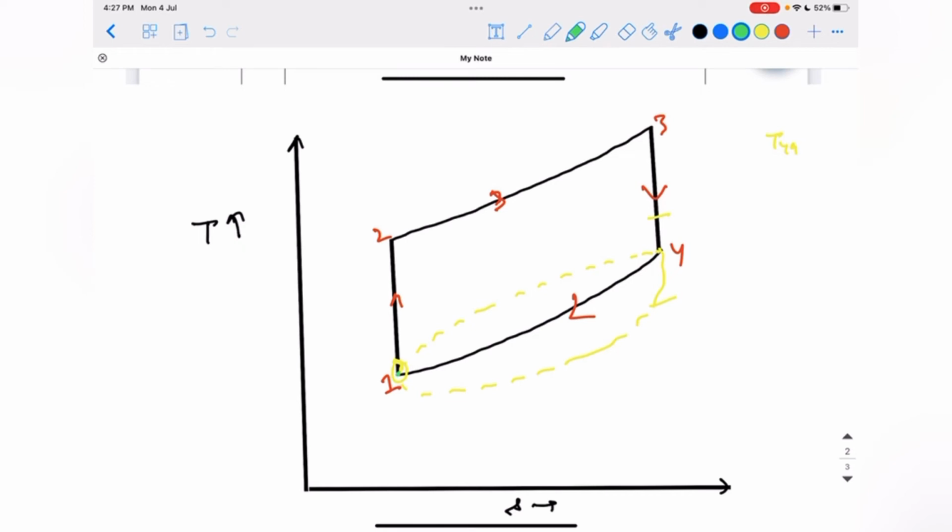If the slope of the constant pressure curve is greater than the slope of the constant volume curve, then I will attain T4A here. And if the slope of the constant pressure heat rejection curve is less than the constant volume curve, then I will get T4A here. So let us find this concept.